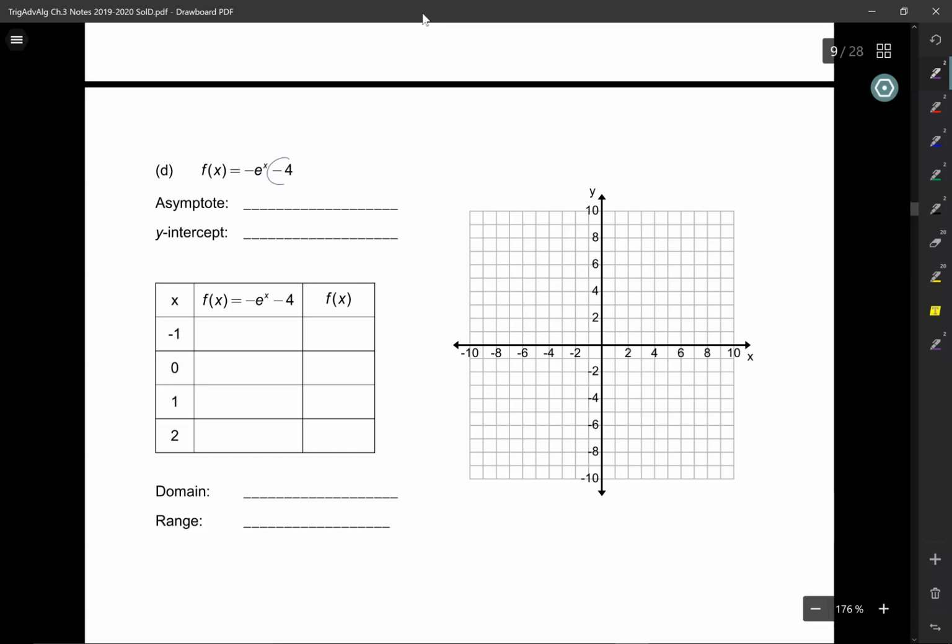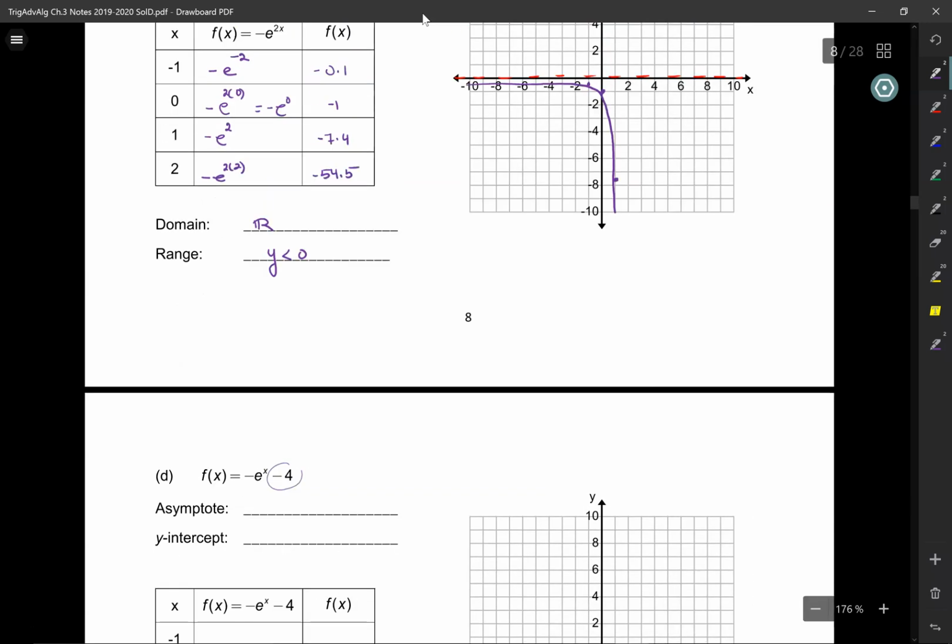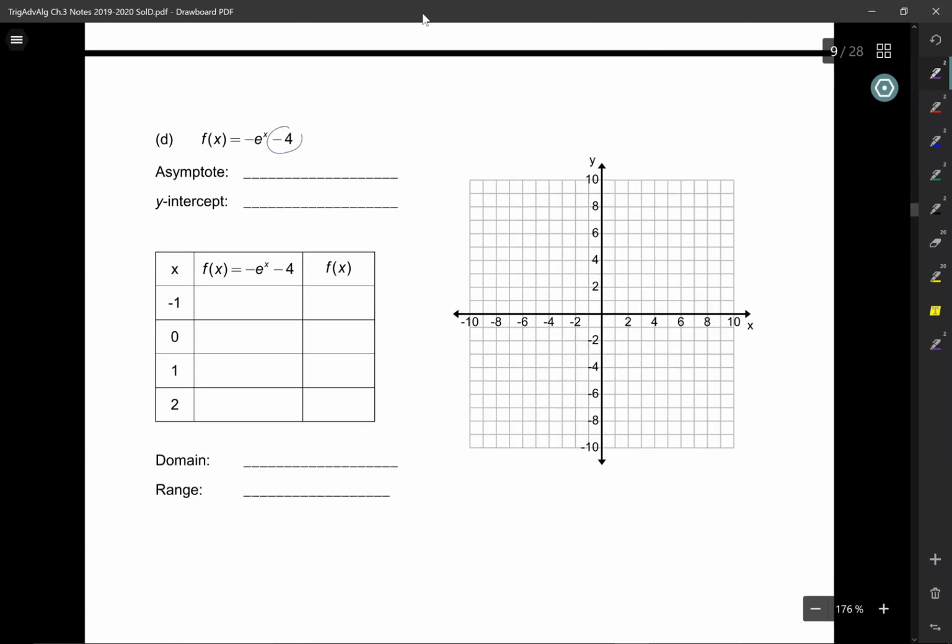So here I have an asymptote of y equals negative 4. The y-intercept is y equals negative e to the 0 minus 4, negative 5.